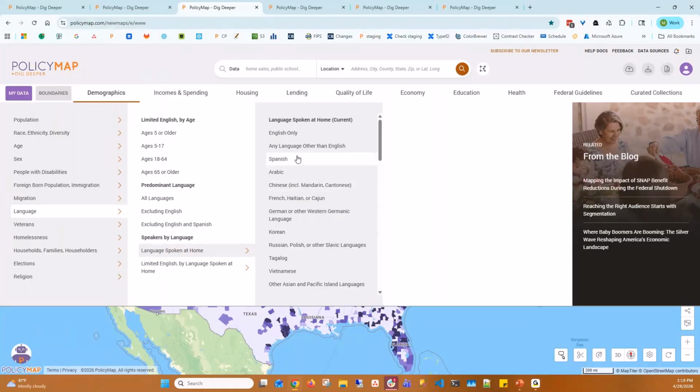Let's say we don't care at the beginning, we really want a broad strokes understanding of languages other than English spoken at home without disaggregating between Spanish, Arabic, Chinese.